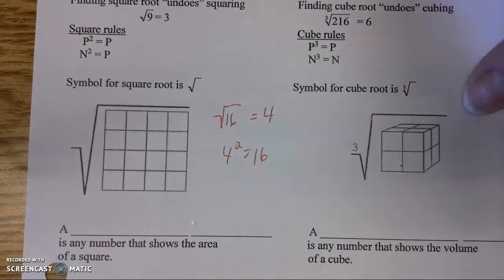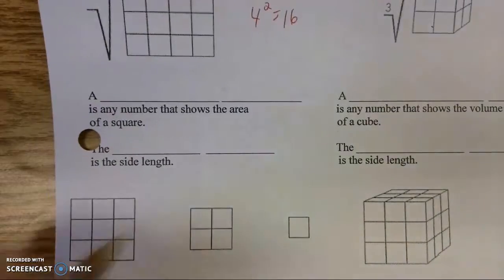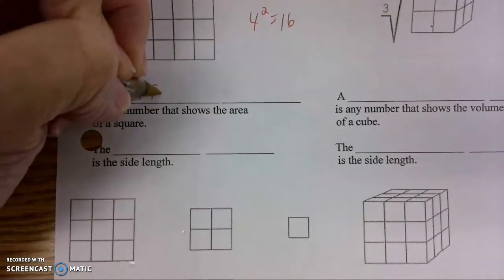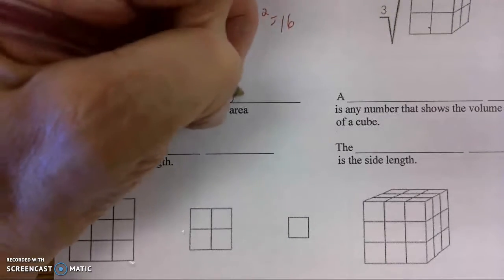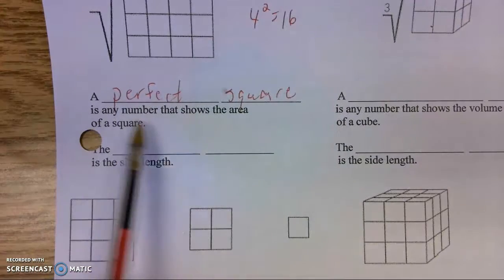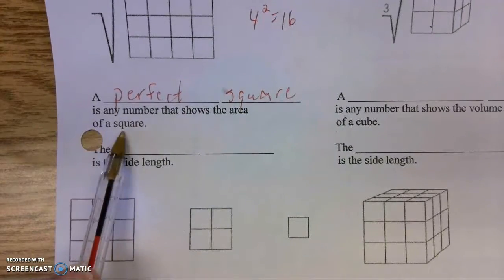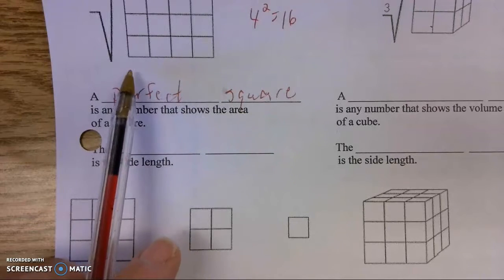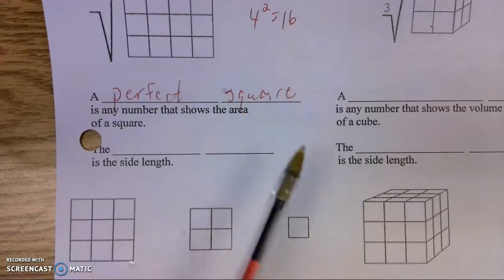So in the case of that particular example, that's something we call a perfect square. And a perfect square is any number that shows the area of a square. So 16 shows the area of a square, 4 by 4.